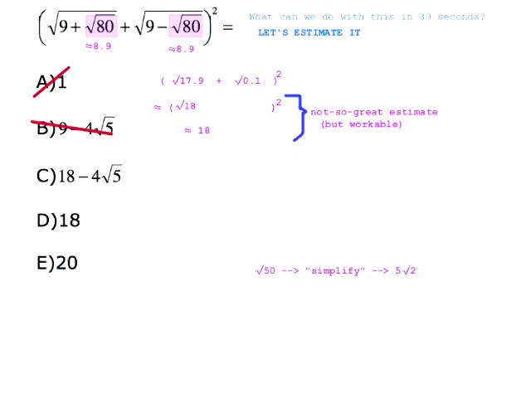The problem is that if your goal is to estimate, then this is way easier to estimate, and this is way harder unless you've memorized the square root of 2 to a ridiculous number of decimal places. These things are really easy to estimate. These are not. So this is like 7.1.